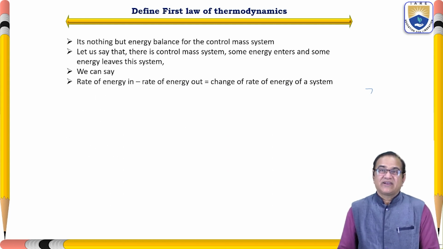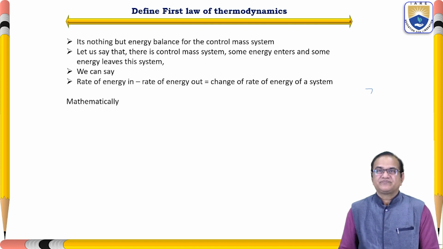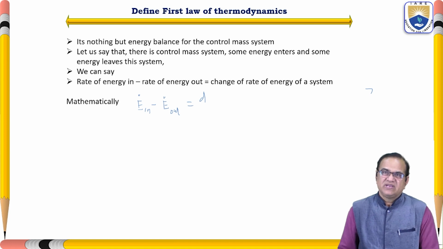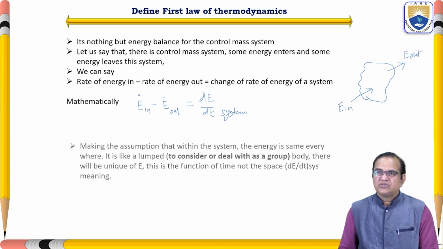We can say that rate of energy in minus rate of energy out is equal to the rate of change of energy of the system. Mathematically, we can write this as E dot in minus E dot out is equal to dE by dt of the system. So here we can see energy in, energy out.